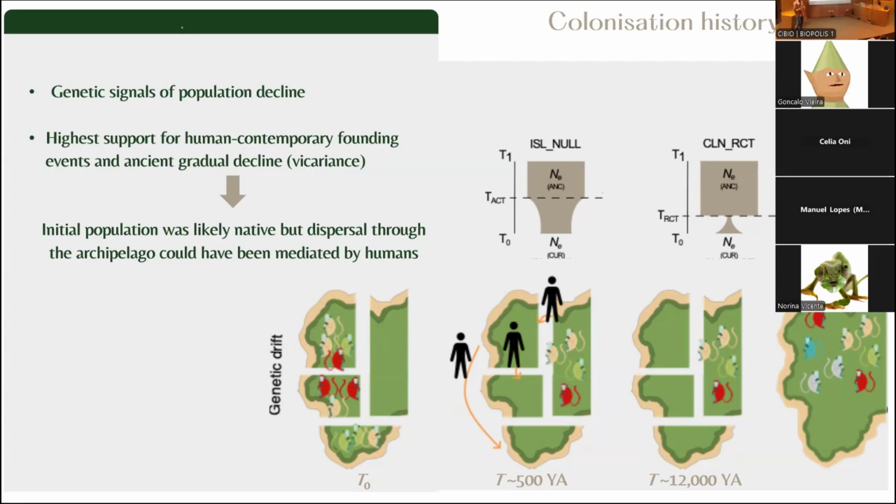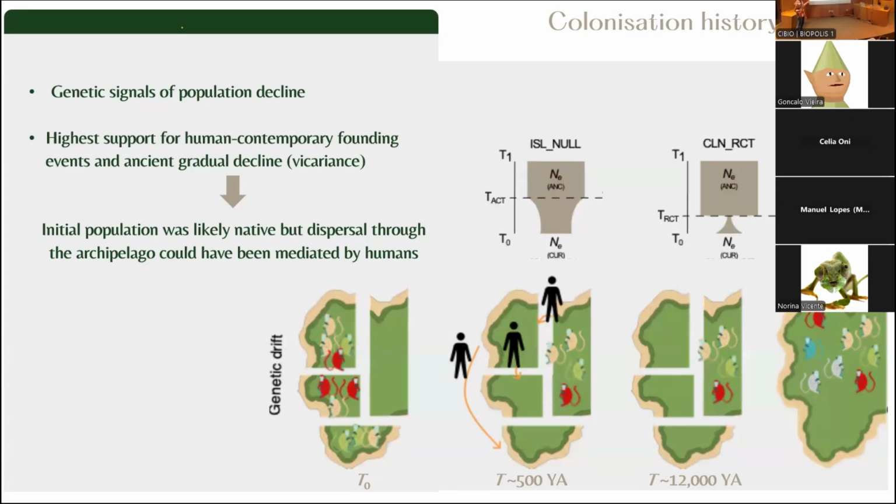So what happened? Was it human mediated? Was it a normal isolation event? We cannot really say for sure, but one of the hypotheses could be that there was an initial population that got isolated, but then they could have spread to the rest of the islands. And there's the estimated time by the ABC.